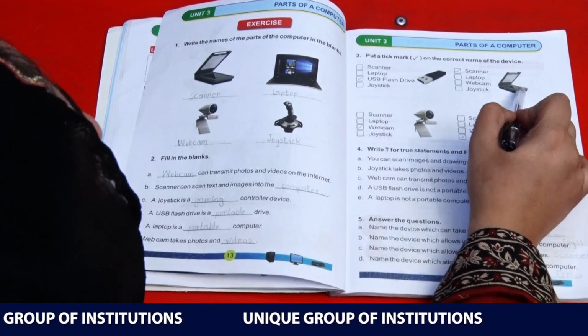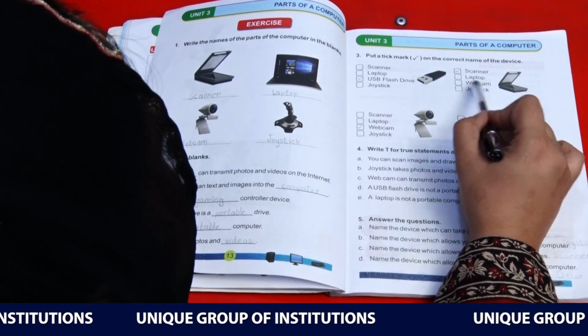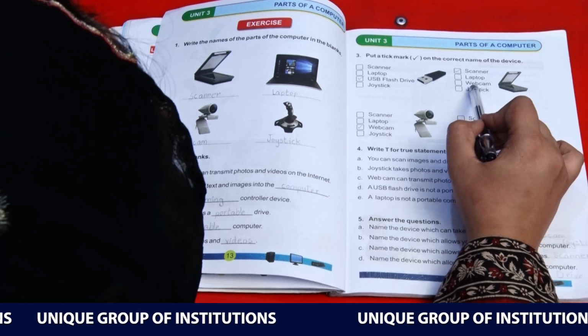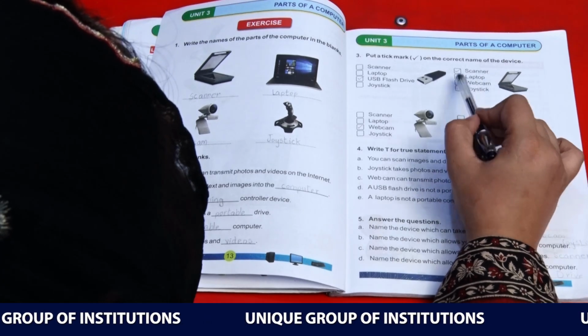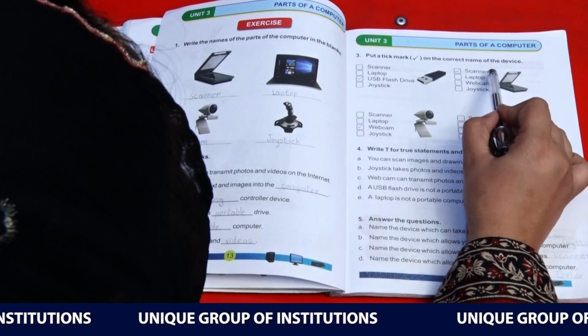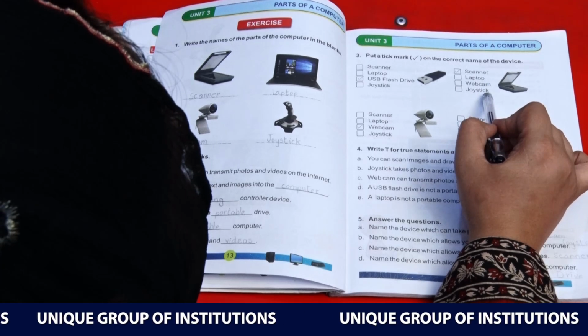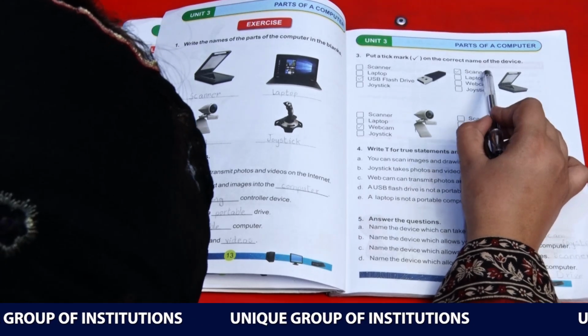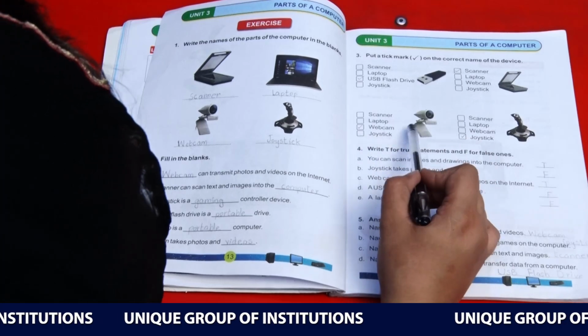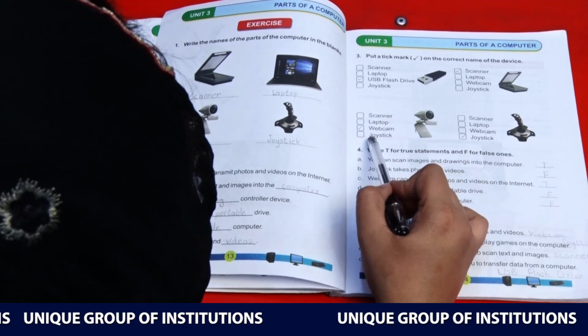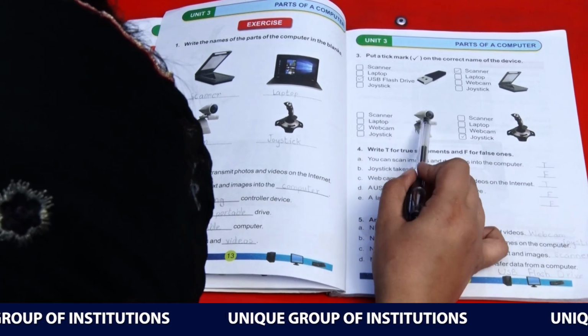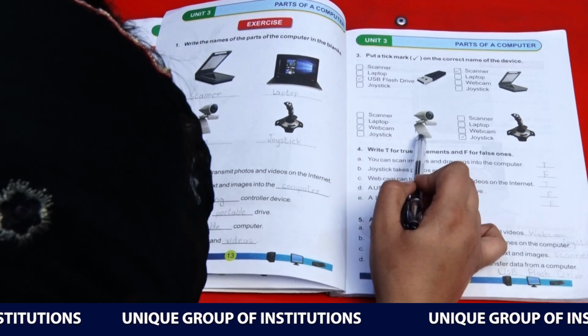Next picture you can see here is a scanner. So, we have to choose one of these options. You can see scanner, laptop, webcam and joystick, but the correct answer is scanner. In the next picture we can see a camera, but what is its name?